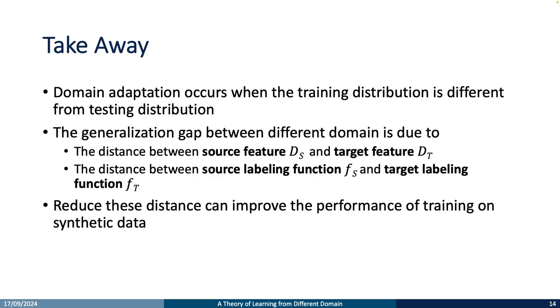To improve the performance of models trained on synthetic data, it's important to focus on reducing these distances. For example, using a generative adversarial network to make synthetic data more realistic can help. However, it's also important to design an additional function to ensure the labels remain consistent between the original and refined synthetic data.